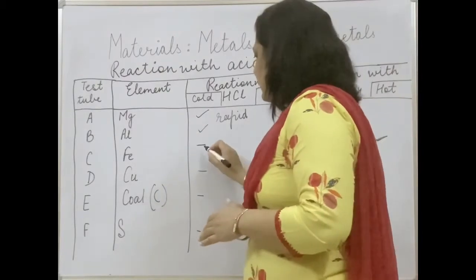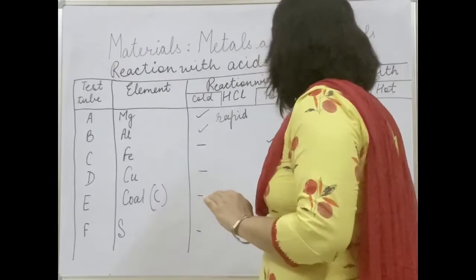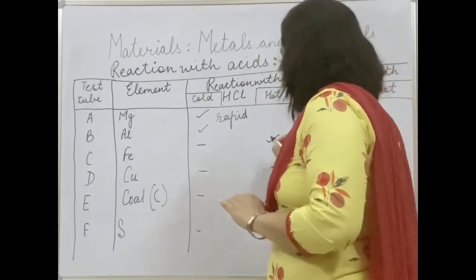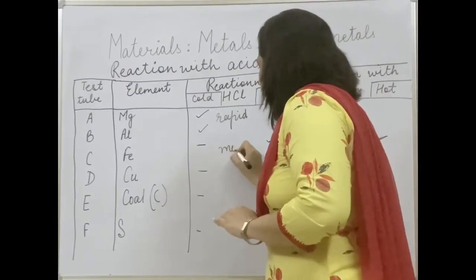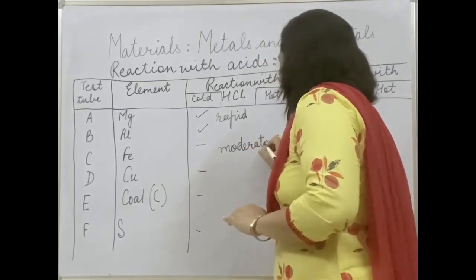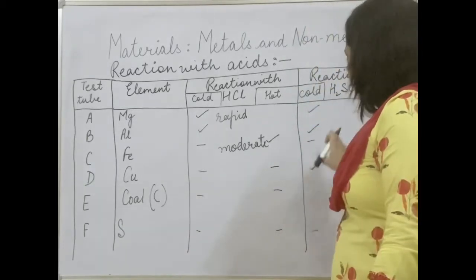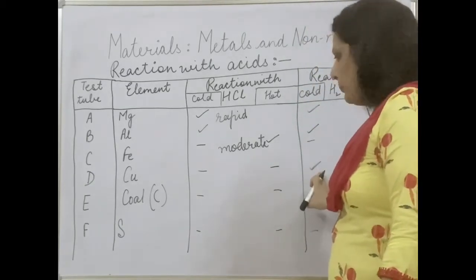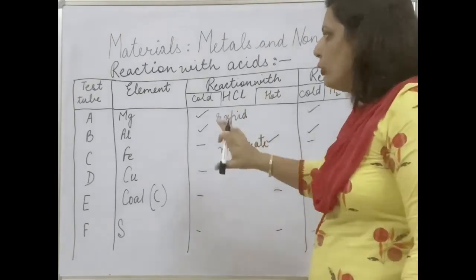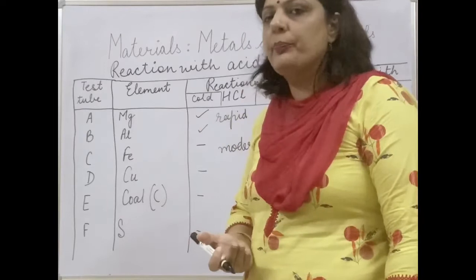Iron, at room temperature, will show no reaction, but when it reacts at high temperature, that time also the reaction is not very rapid, rather it is moderate. Same way copper also, when it reacts with sulfuric acid, the reaction will be moderate. So hope now it is clear to you how the reaction of elements takes place with acids.